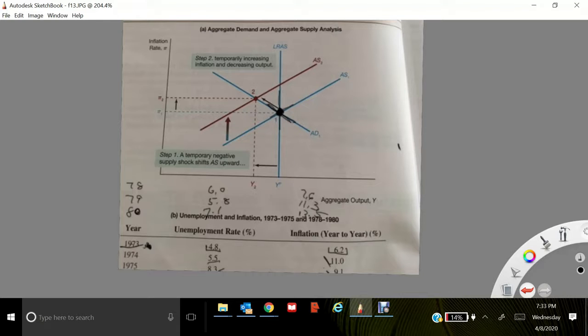And then, I guess the oil shocks subsided a bit. People started to shift away from large cars at that point, and that relieved some of the pressure.